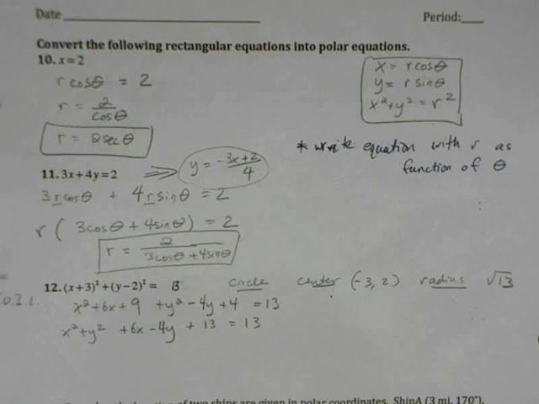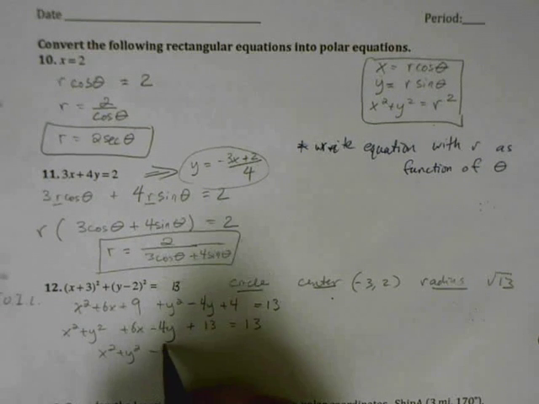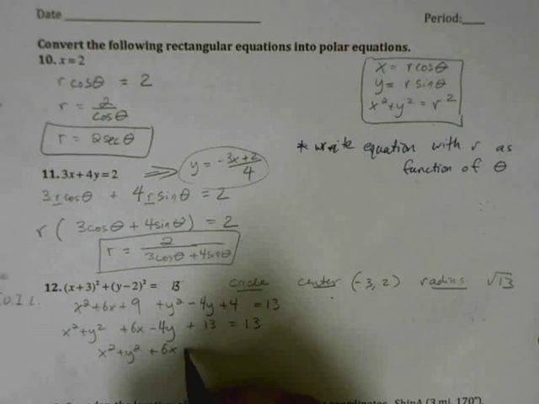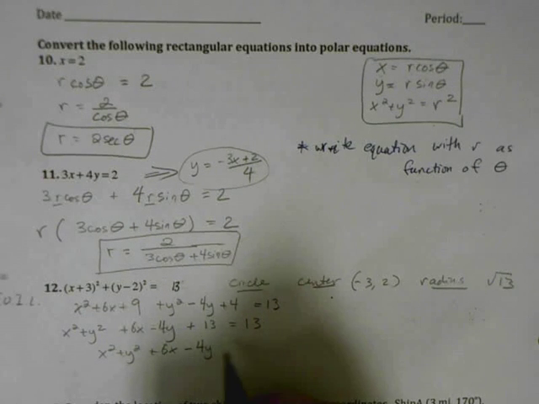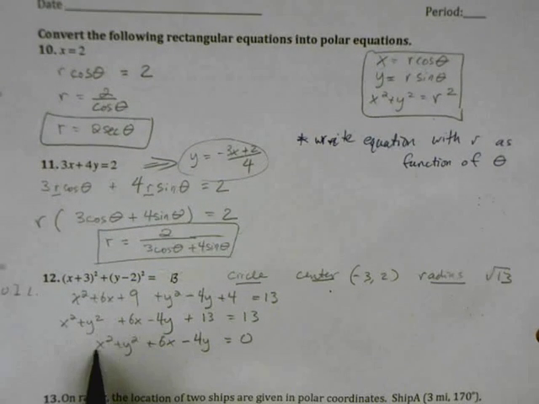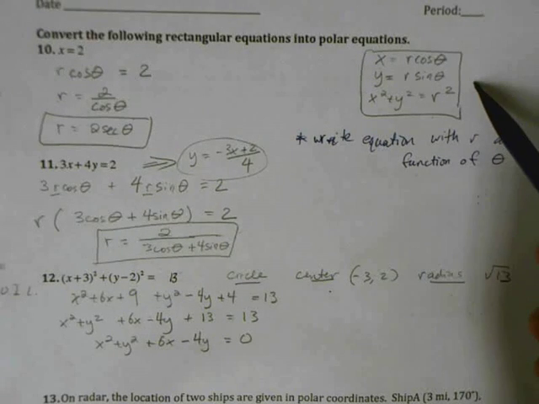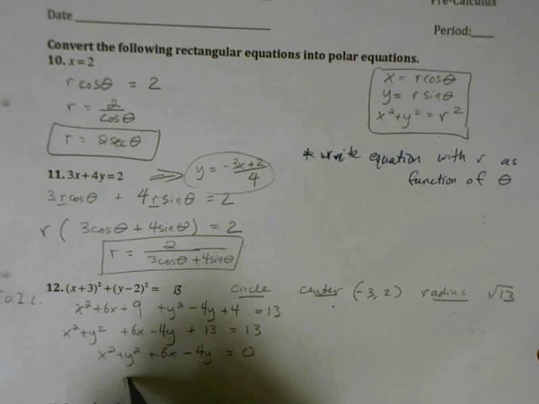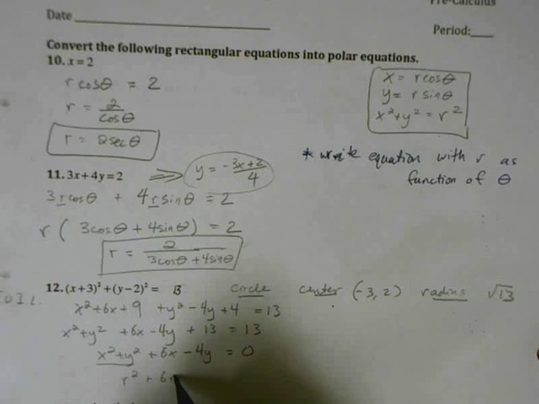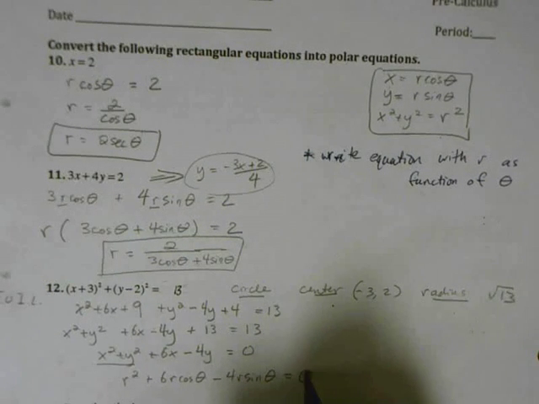If I subtract 13 from both sides, I get x squared plus y squared plus 6x minus 4y equals 0. Now I have it in terms of x squared, y squared, x and y. I can use these conversions, and this will give me r squared plus 6r cosine theta minus 4r sine theta equals 0.